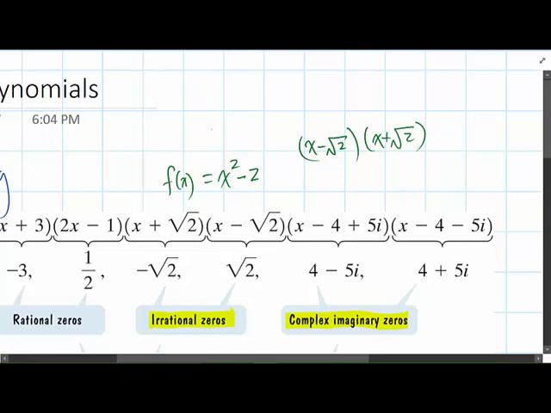Let me give you another example. It works the same way if I were to have x to the 4th minus 3 equals f of x. So what would this be? This would be x squared minus square root of 3 and x squared plus square root of 3.